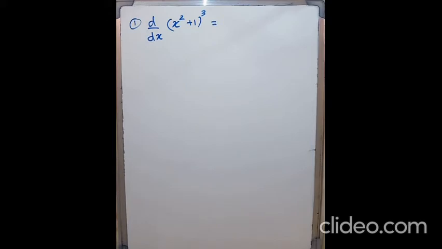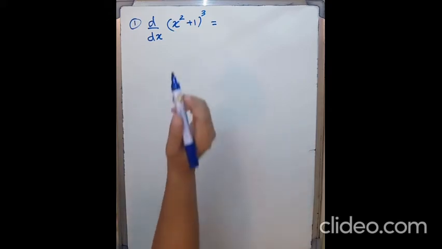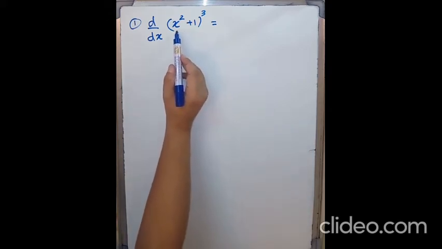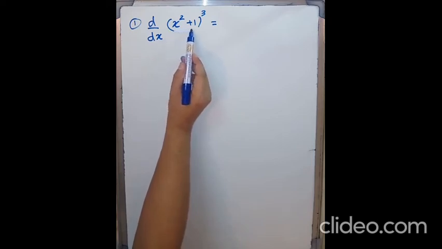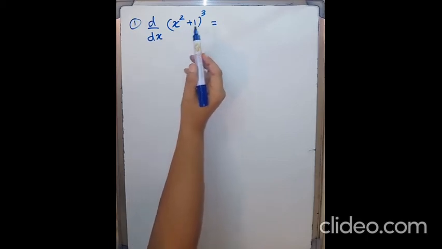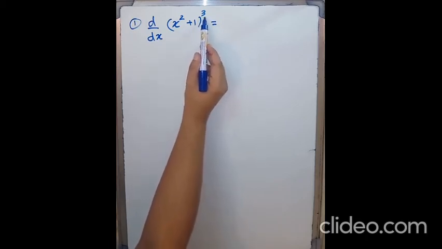If we observe the function properly, we can clearly say that it is a composite function. It is a composition of two functions. One of them is x square plus 1 and the other one is power 3 function.